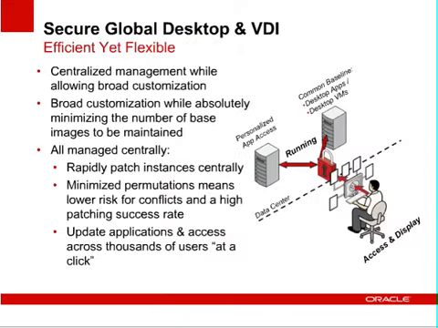So Secure Global Desktop and VDI, like we said, is efficient and flexible. We can decide which apps go to which users, on which VMs, from which device. We can control all of those things. That gives you the ability to rapidly patch and minimize all the various management tools that you have. I know a lot of IT organizations have spent big dollars on tools to manage the applications on a PC.